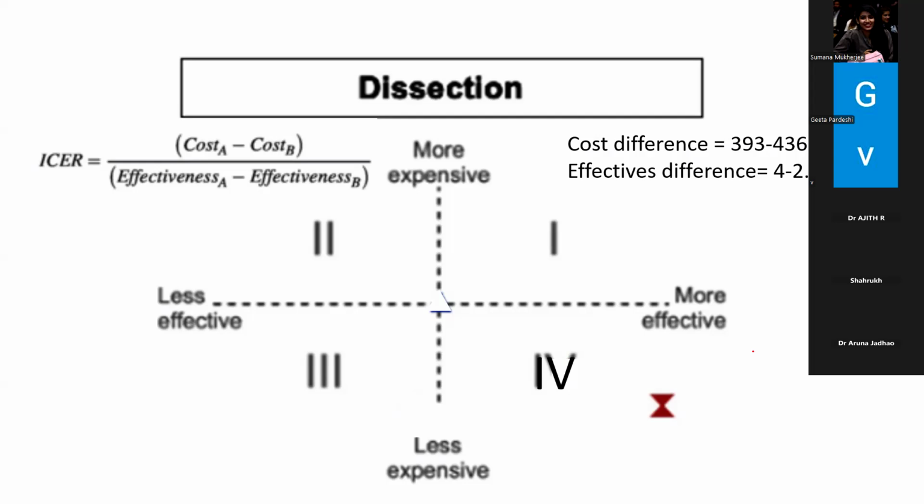Using that, you can find out what is the cost for a 1 unit increased score in the learning outcome. And based on the ICER, it is in the 4th part of the ICER plane. What does this indicate? That it is not only more effective, but it is less expensive, the virtual dissection compared to the cadaveric dissection. So the findings are going in favor of the virtual dissection.